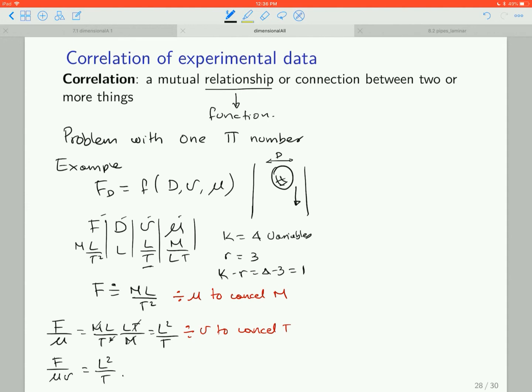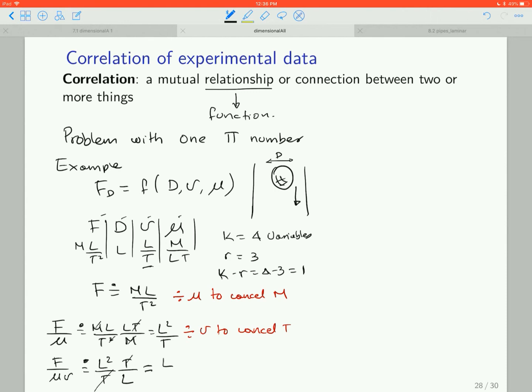And now I'm going to divide by velocity, which is L divided by t. So t goes in the numerator because we are dividing. So the t is going to cancel, so the dimensions are L.